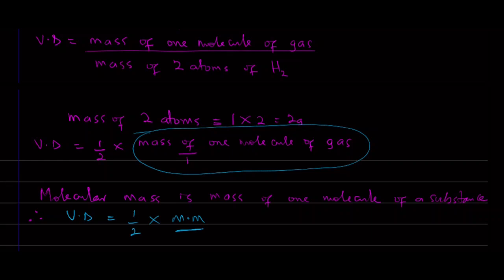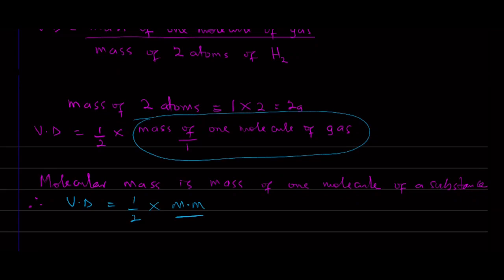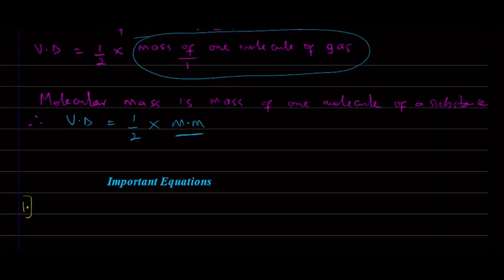Let's look at the important equations that we make use of when solving Victor-Meyer's experiment problems. The first equation we make use of when solving Victor-Meyer's experiment problems is the ideal gas equation, which states that PV is equal to nRT.